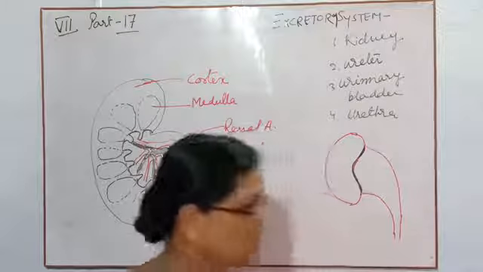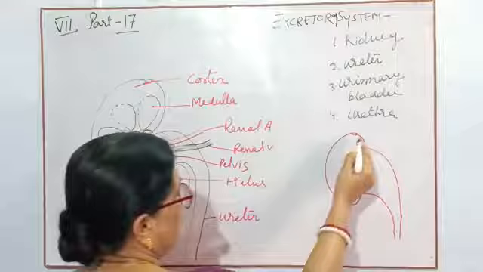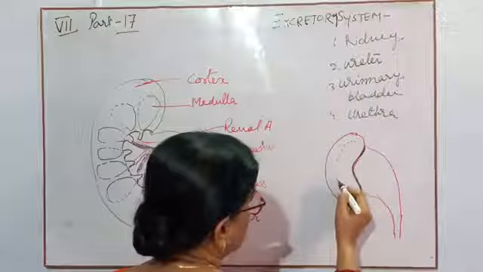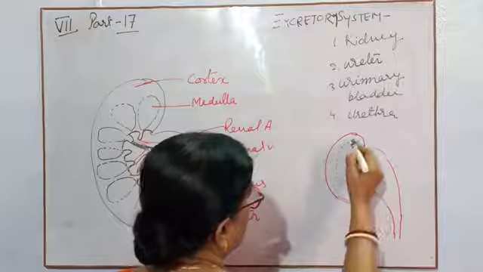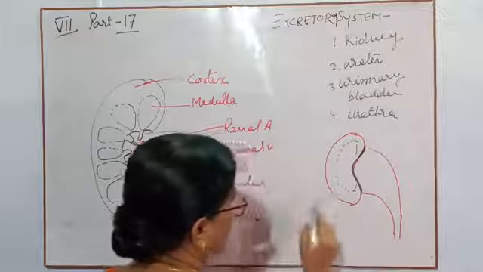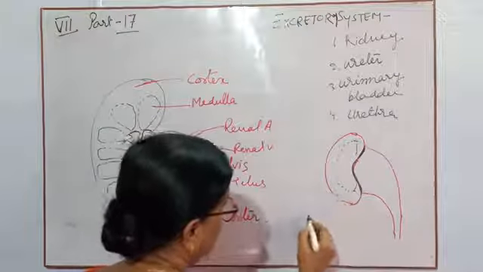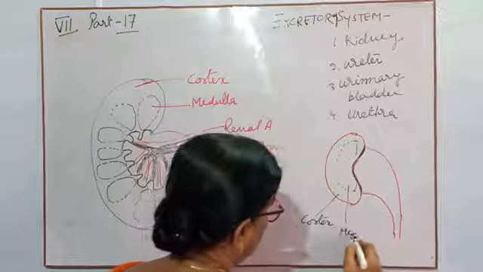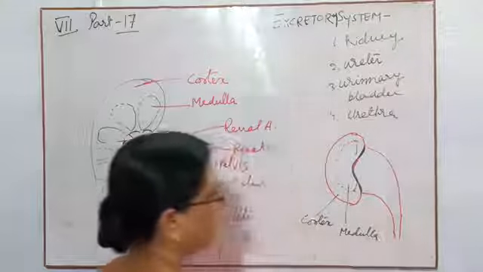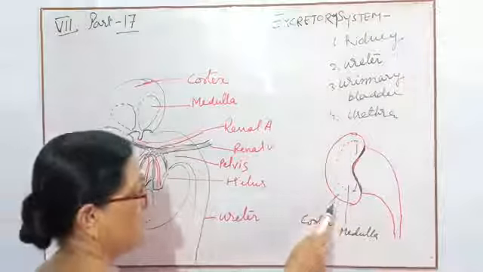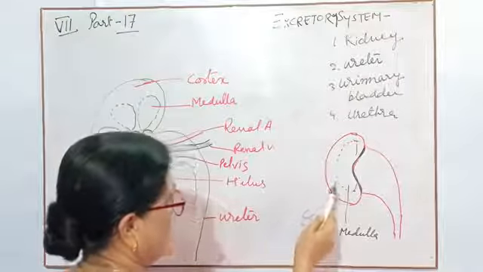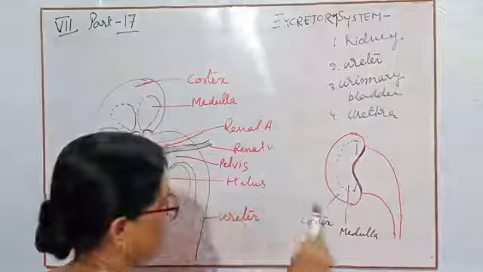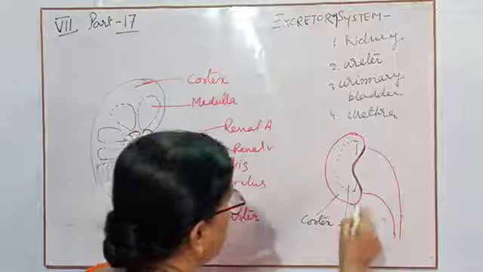This is the kidney. The kidney has two parts. The outer one is the cortex and the inner one is the medulla. The cortex is the outermost part, the medulla is the innermost part. Afterwards I will tell you about their functions.